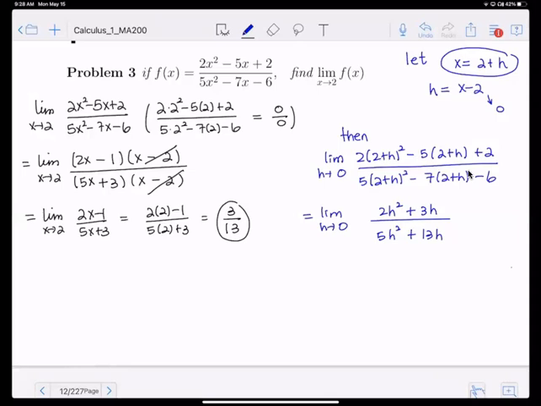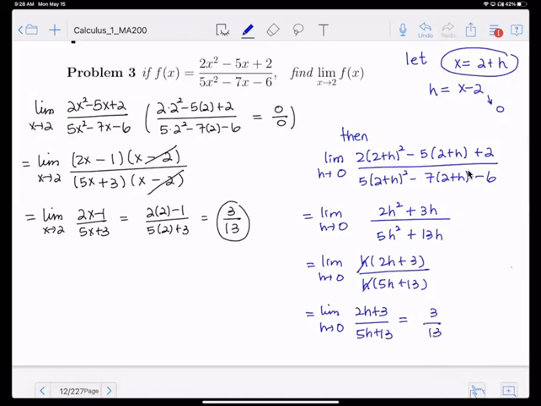We FOILed and simplified. In the numerator and denominator there is a common factor, h. So let's factor that out: h times (2h plus 3) over h times (5h plus 13). Then h and h cancel, so we have the limit as h goes to 0 of (2h plus 3) over (5h plus 13). With h equal to 0, it is 3/13. Exact same answer as before. So this is the second way of solving this problem if you are unable to factor it.